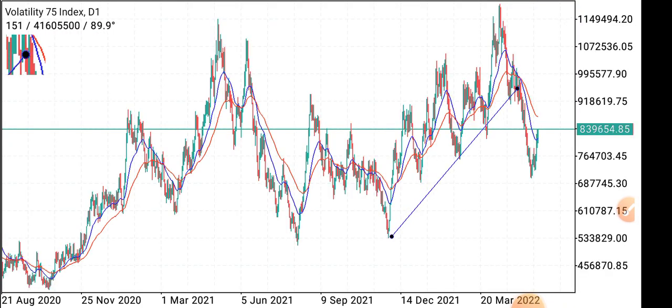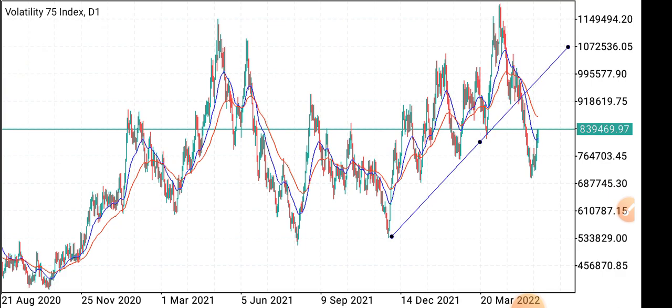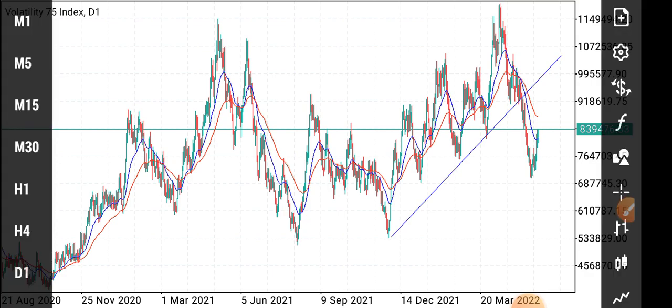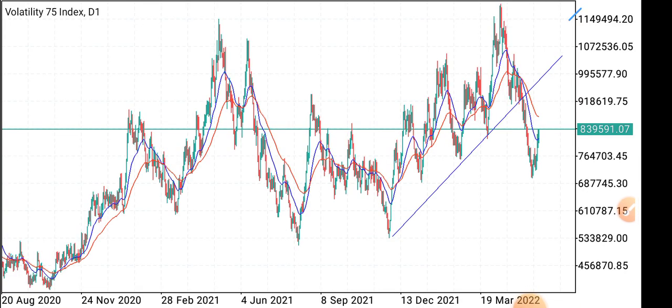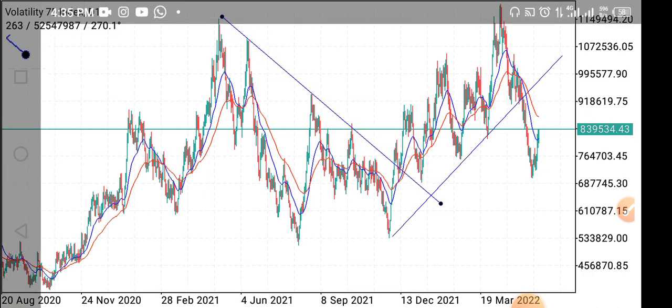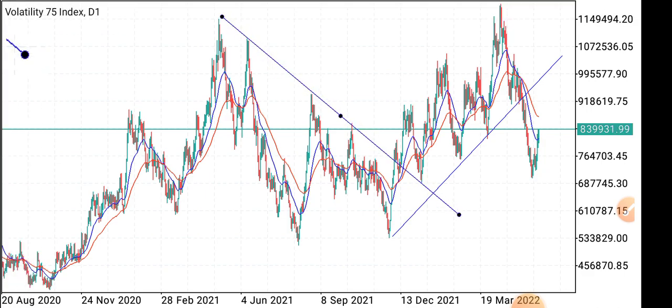For example, this whole zone here is a support area. Right now, I'm drawing out the resistance area. So rather, support area. You can see all this area here is a strong resistant area.